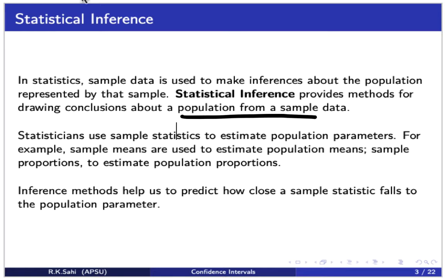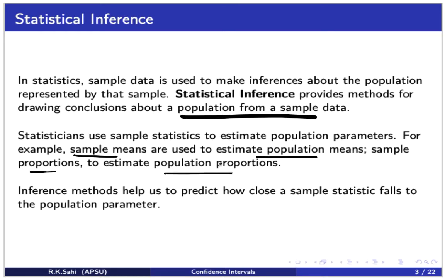Now, there are many population parameters we have learned about, like mean, standard deviation, median, proportions. So when we are using statistical inference, we would like to make estimations about these population parameters. For example, we would use a sample mean to estimate a population mean, a sample proportion to estimate a population proportion.